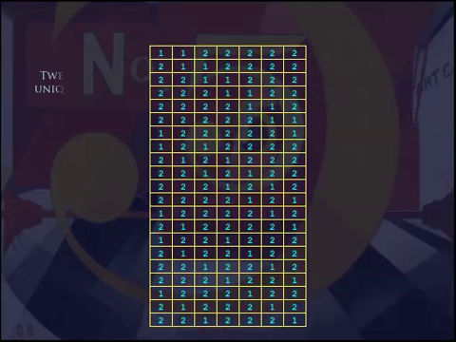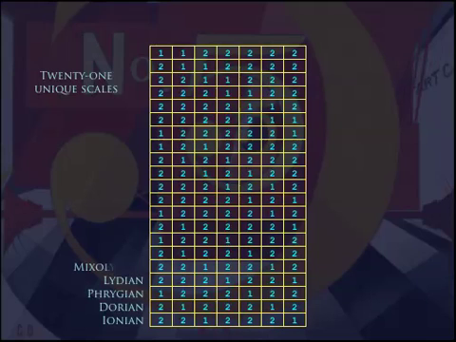And you can see that there are 21 unique scales. Down here is our Ionian and Dorian and Phrygian, Lydian, etc. So the ones on the bottom are essentially the basic church modes. And then the next one here is the melodic minor scale.